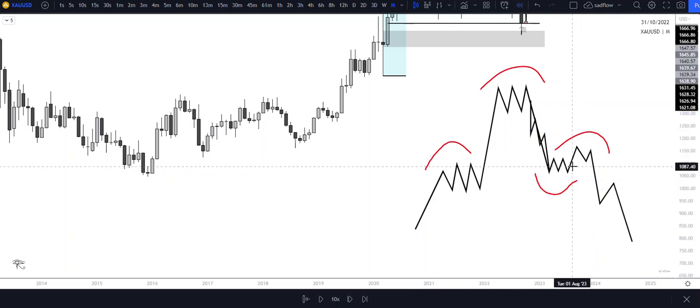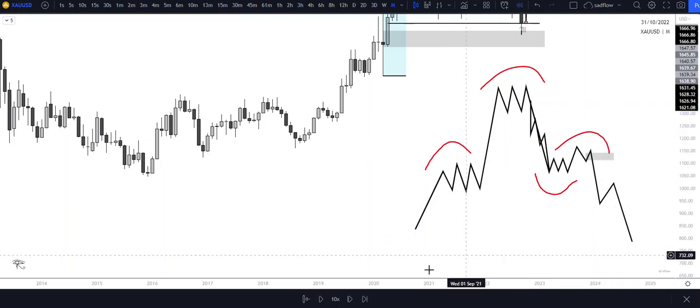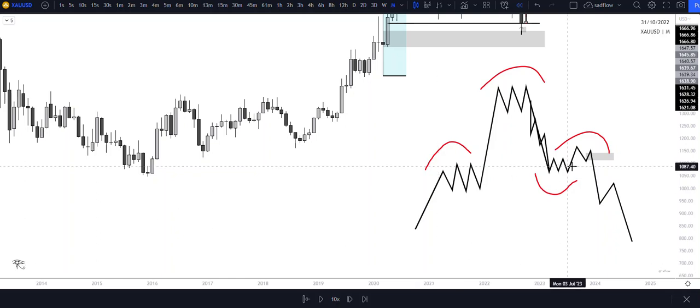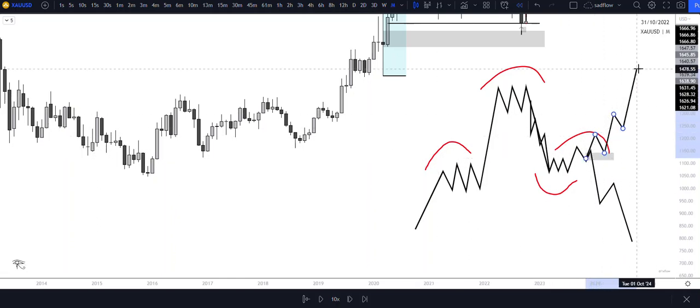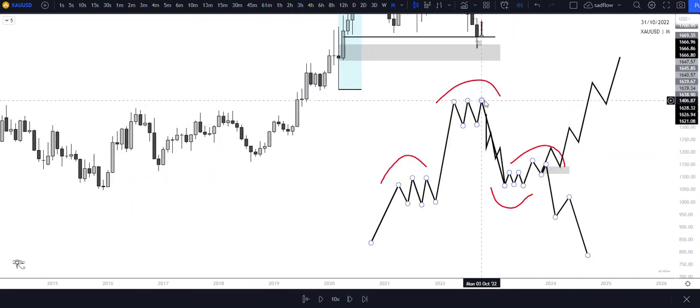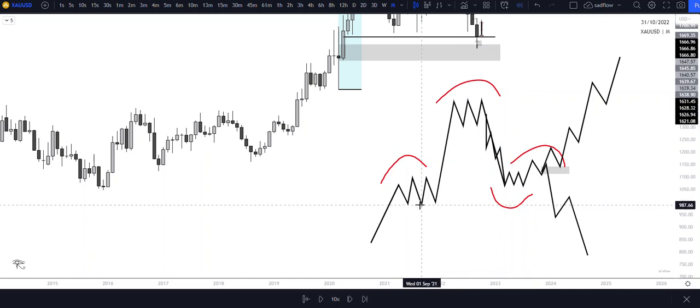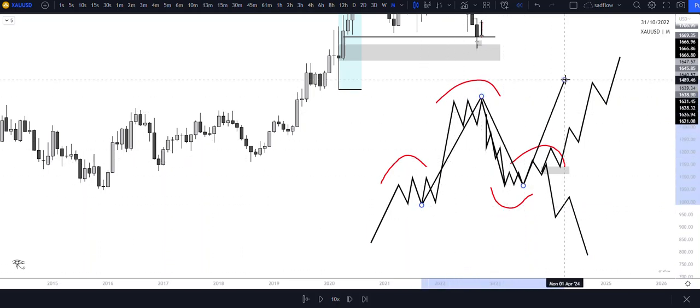I now have an area of demand. I can look to take this trade to the upside. So instead of trying to play it off a head and shoulders, I'm still following that directional path. I can take it to these highs right here as my next area of liquidity, when overall it's higher high, higher low, continuation to the upside.